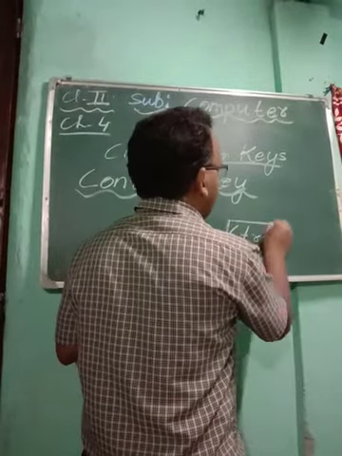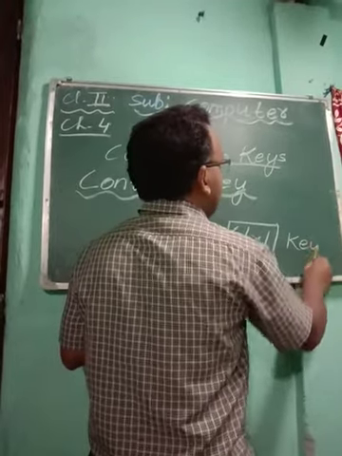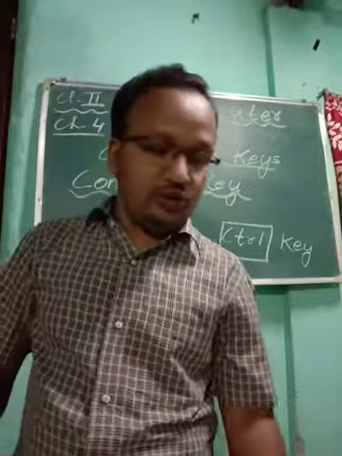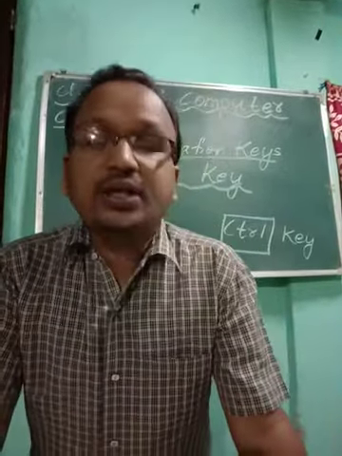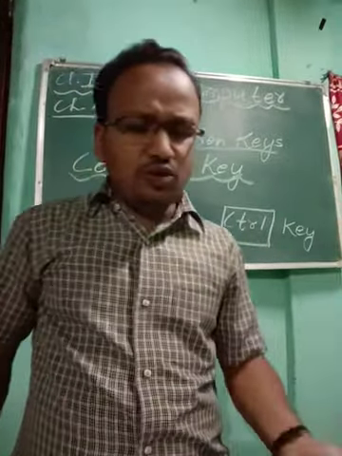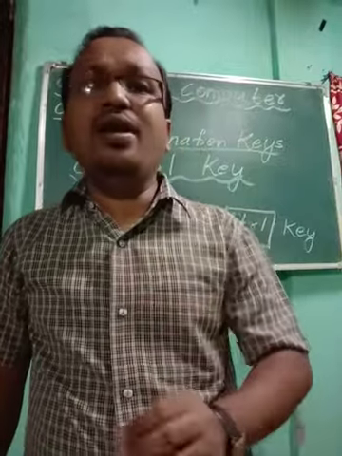On your keyboard you can see it written as CTRL. This key is also called a combination key. It is used for combining with other keys to perform an action or to do any work.